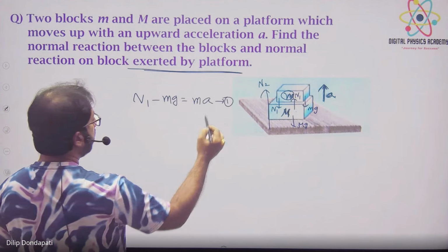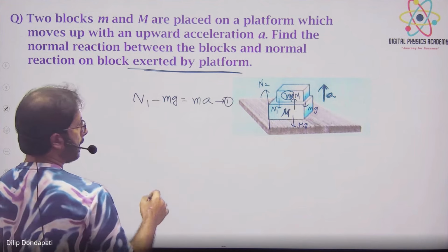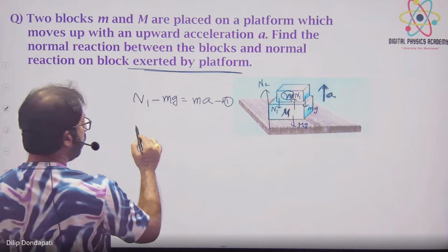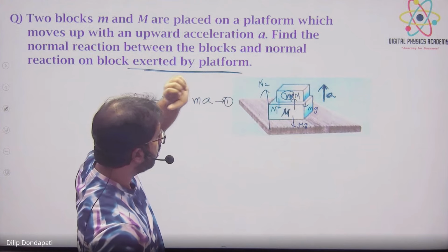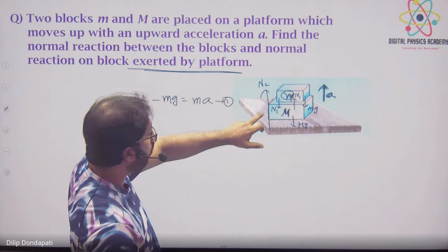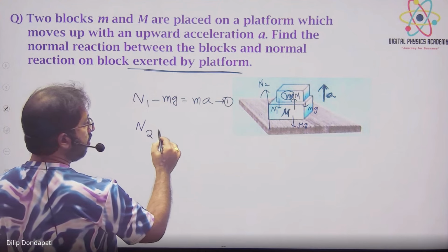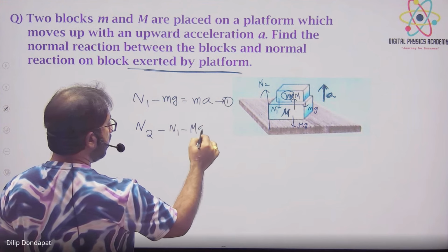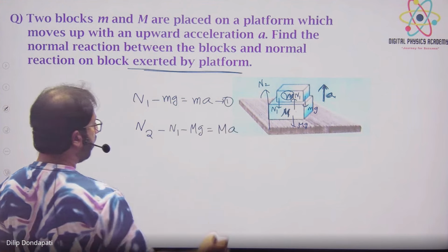Now the second equation. For capital M, downwards there is N1 and capital Mg also, so we have to add them. Going upward, what is the force acting? N2. So N2 minus N1 minus capital Mg is equal to capital M a.